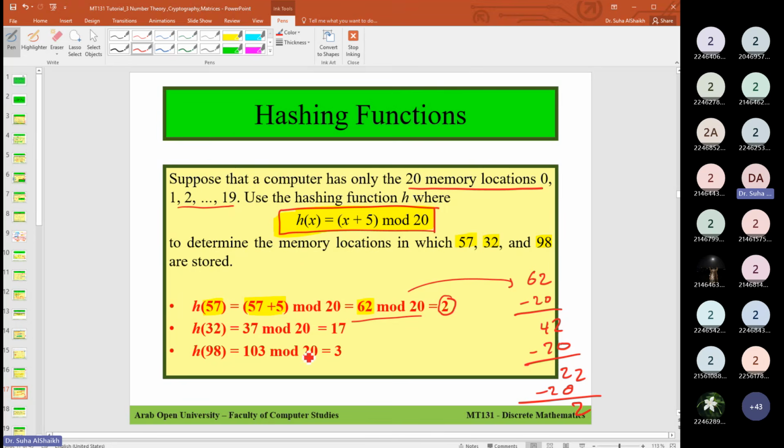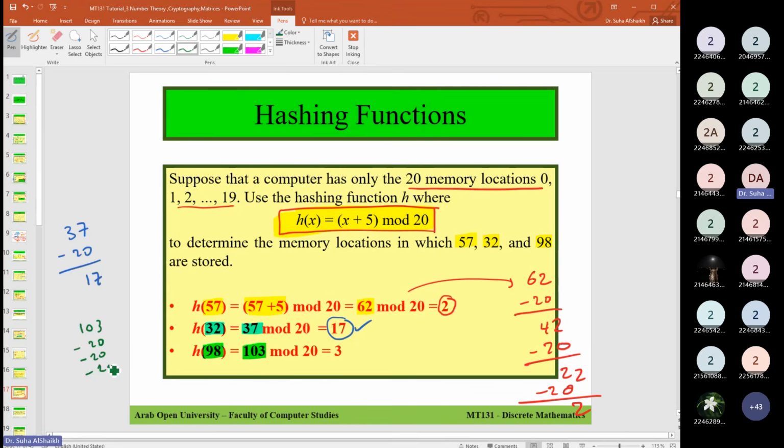We are going to do the same with the second value: I have 32 plus 5. This is 37. Now the 37, I'm going to subtract 20. This equals 17, less than 20. So that's it. H of 98 is 98 plus 5. It's 103. Again, 103, I subtract 20 from it, actually 5 times.